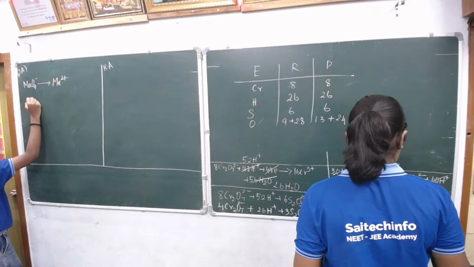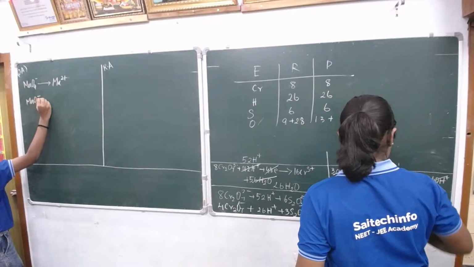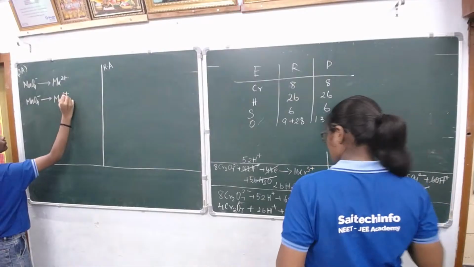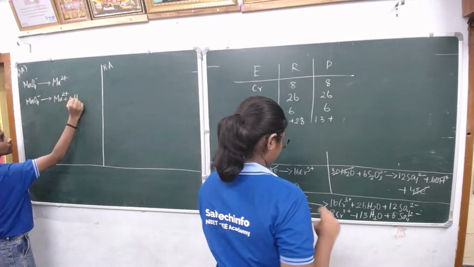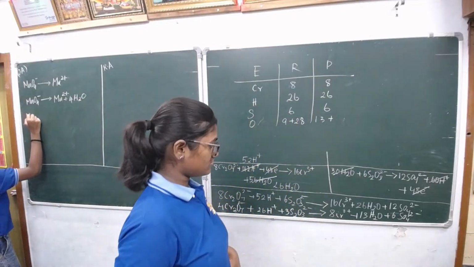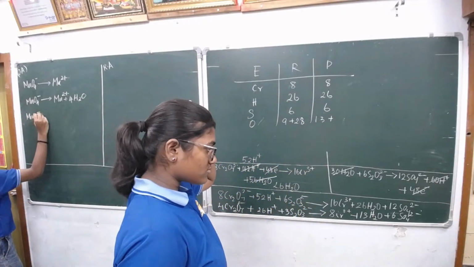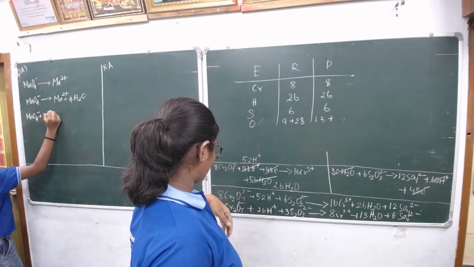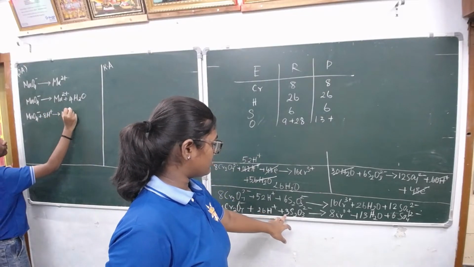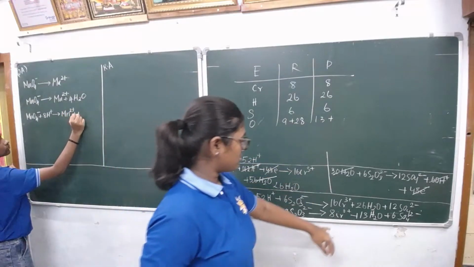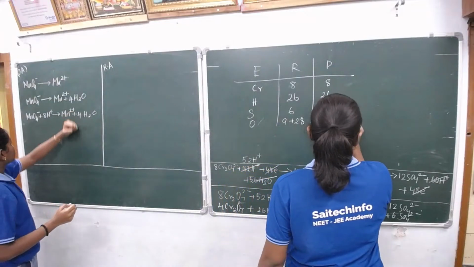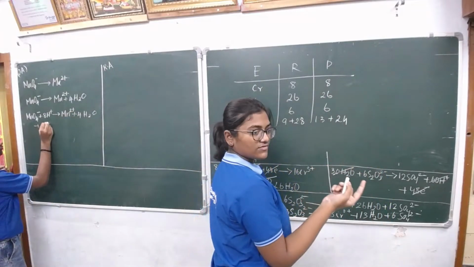What happened? See, you are counting oxygen. 4 into 7, how much? 28. Yeah. Then 3 into 3, 9. Okay, finished. And what about this? 13 and 24. Sir, then equal. You check.